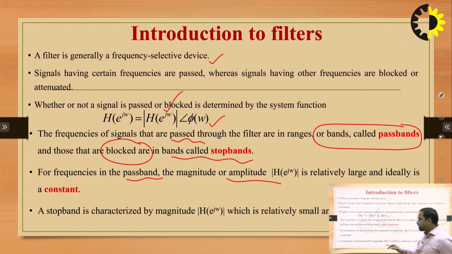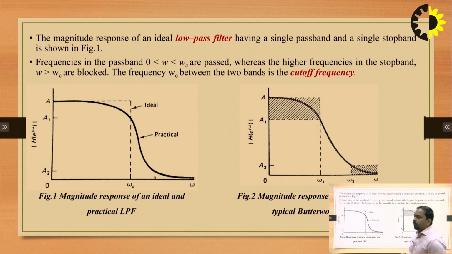So the stop band is characterized by a relatively small magnitude of the frequency response H(e^jω). We'll see later on that for an ideal filter, the gain in the stop band is equal to 0, or else it is very small.